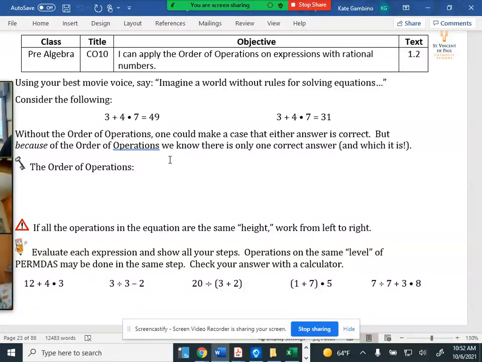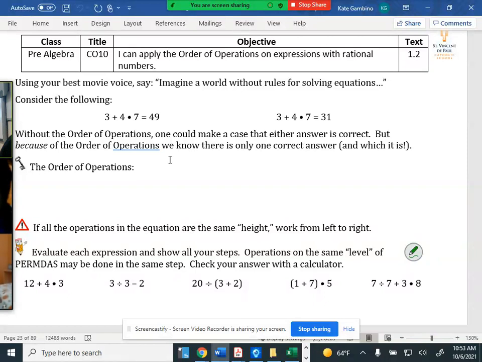But imagine a world without rules for solving equations. We could look at 3 plus 4 times 7, and we might think that the answer is 49. But then if we look at 3 plus 4 times 7, we could say the answer is 31. How do we know which one is correct?